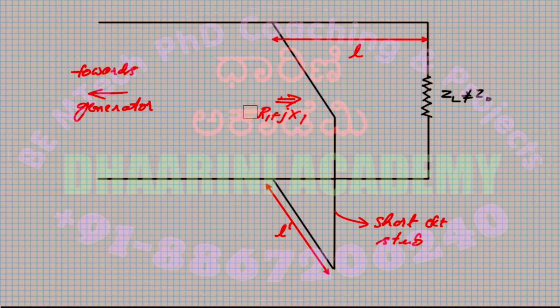You will see that it's a complex value, and that is not equal to the real value of Z naught. First thing is that Z naught is real because of the microwave frequency. Second thing, if I move a distance L from the load, I will see a complex load.